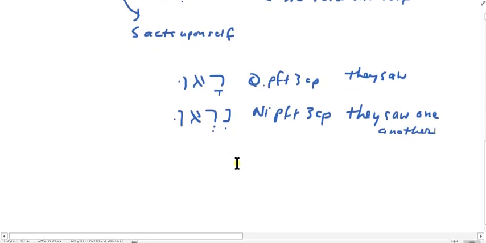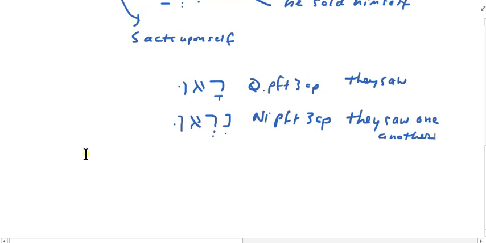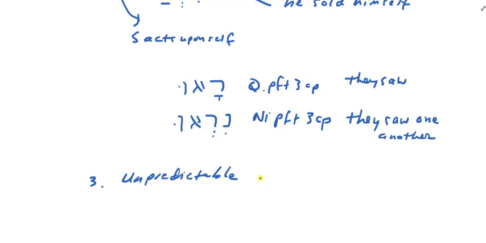And then there is a third sort of catch-all category, okay? And the third catch-all category is basically unpredictable. All right? That is to say, you could have a meaning of a verb in the nifal where the meaning doesn't have any clear passive, reflexive, or reciprocal meaning. It just happens to have a particular meaning in the nifal.